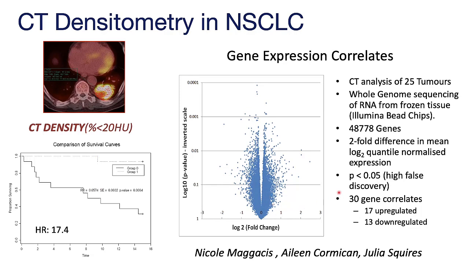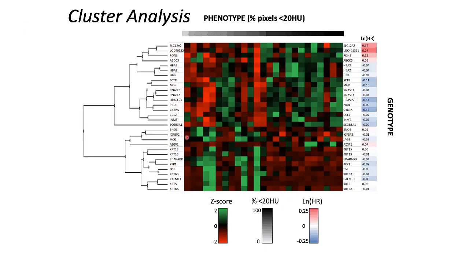Now, in a publicly available data set of lung cancer images, which also had their genomics to go with them, it was possible to identify 30 gene correlates, which were significantly different between patients with a high number of pixels below 20 Hounsfield units and those with low. And then with cluster analysis, we were able to show that these genes were definitely related to the CT measurement.